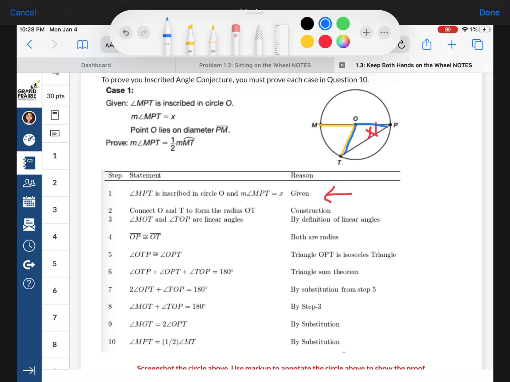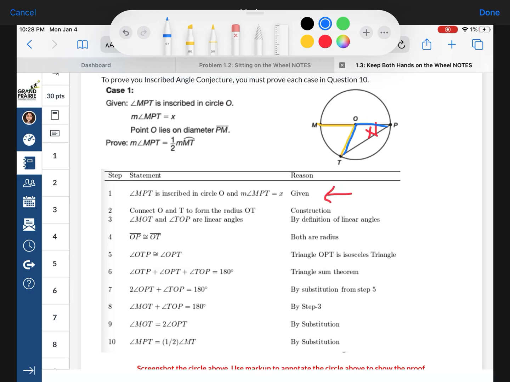As we look at this picture, we can also see in step 4 that line segment OP is congruent to line segment OT. We can say that is true because they are both radii. Step 5 says that angle OTP is congruent to OPT. We can say this is true because we just stated that line segments OP and OT are radii.